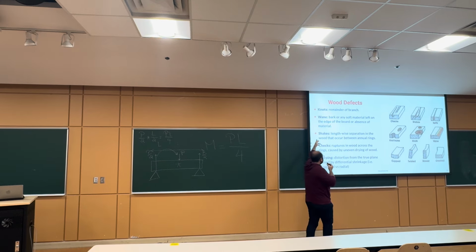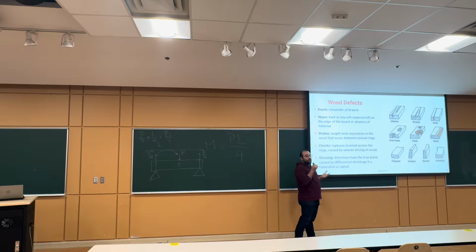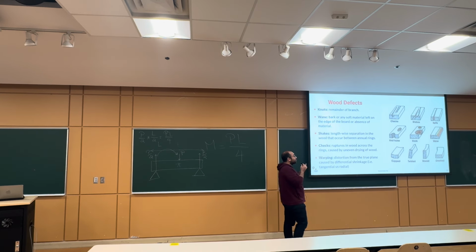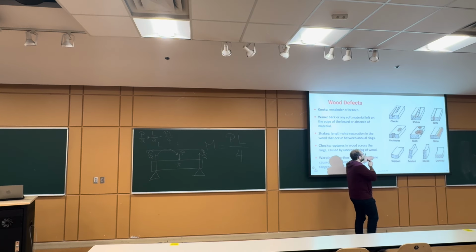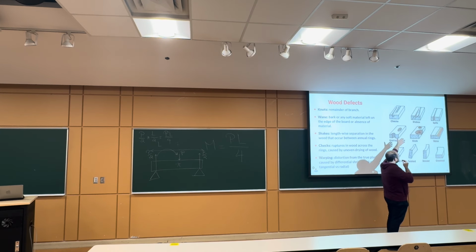Then we have the shakes and the checks. Both of them are a bit similar to each other with one difference. One of them is much deeper than the other. The shake is a lengthwise separation in the wood that occurs between annual grains. So we might find it naturally in the wood that we are cutting. This is the shake.